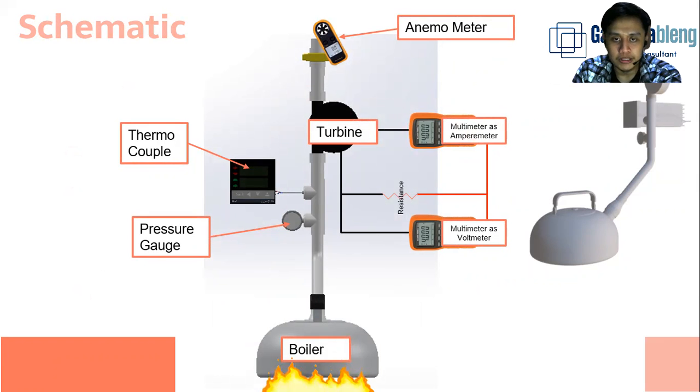The current and the voltage will be measured, and there is resistance here. I use a lamp as a resistance, and the anemometer at the outlet will measure the velocity.